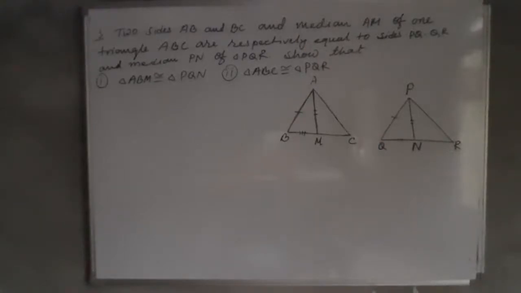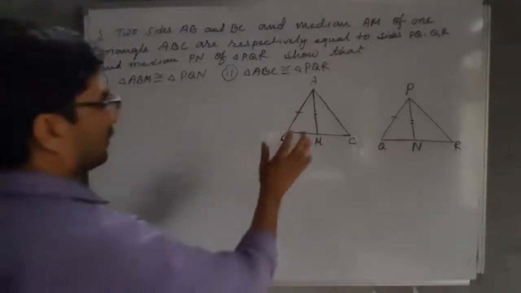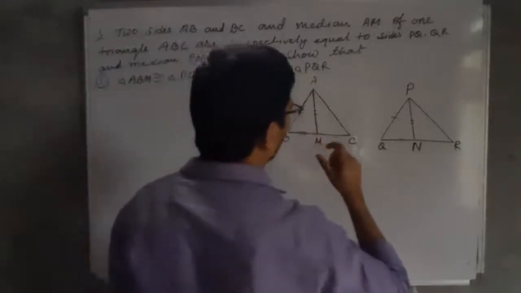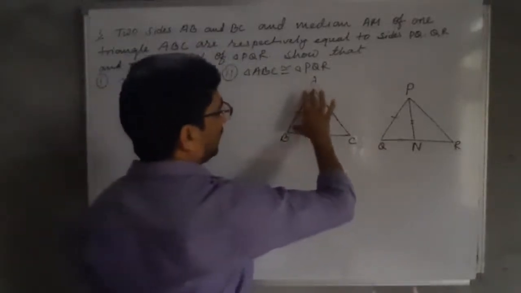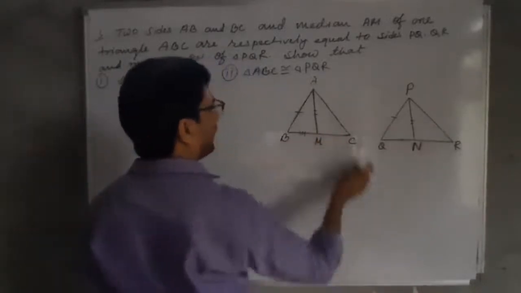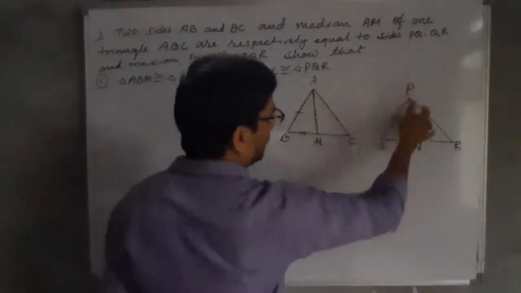Here in these two triangles ABC and PQR, AB and PQ are equal, BC and QR are equal, and their medians AM and PN are equal.